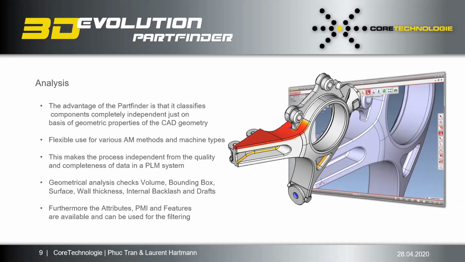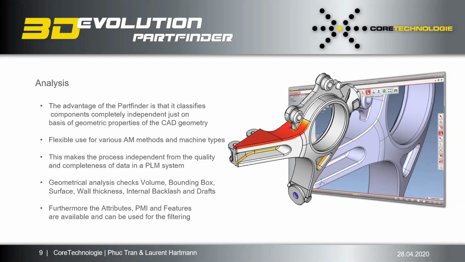If you have some areas which are much thicker than elsewhere, and this is not optimal for your printer, then this software is filtering them out. So it's really flexible in use for various additive manufacturing methods and machine types.